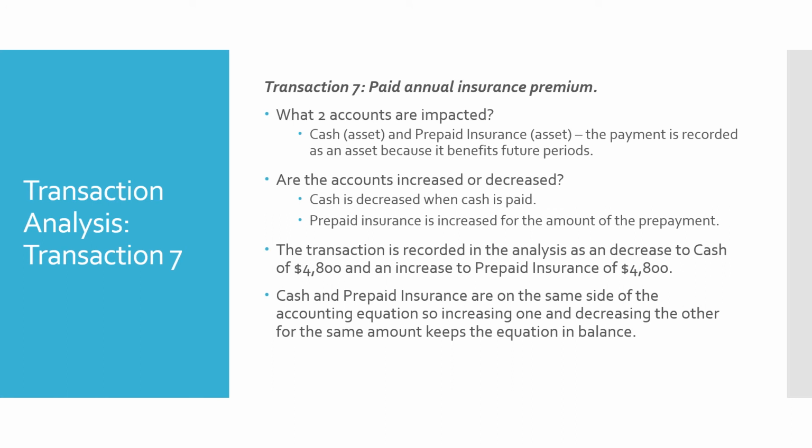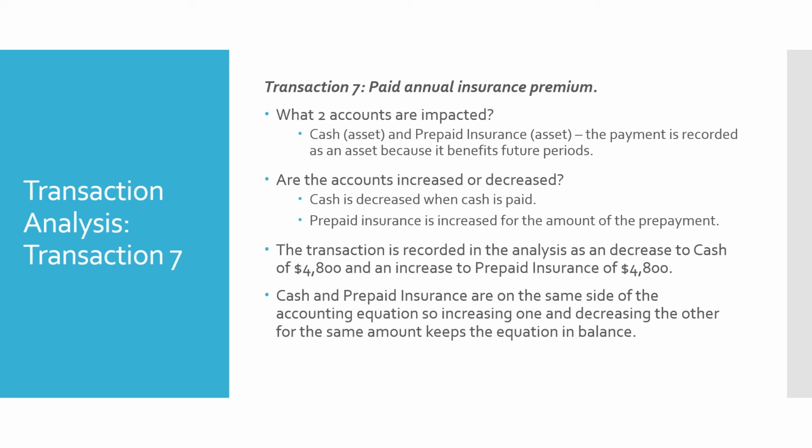In this case, transaction 7, we have a payment or an expenditure that benefits future periods. So transaction 7 is paid the annual insurance premium. So the expenditure benefits future periods and therefore meets the definition of an asset. So in this case, we have two asset accounts, cash and prepaid insurance, that are going to be impacted.